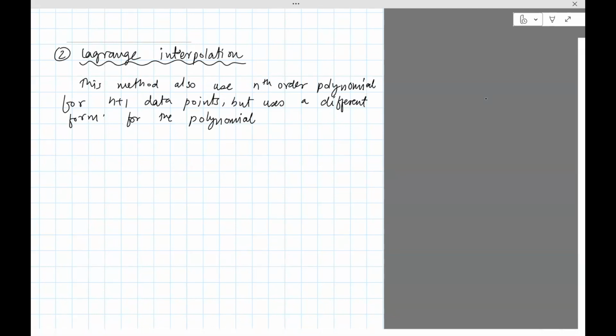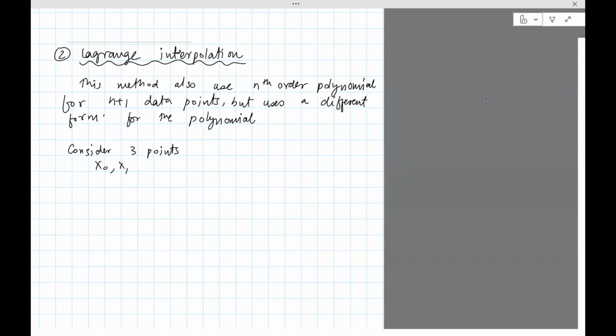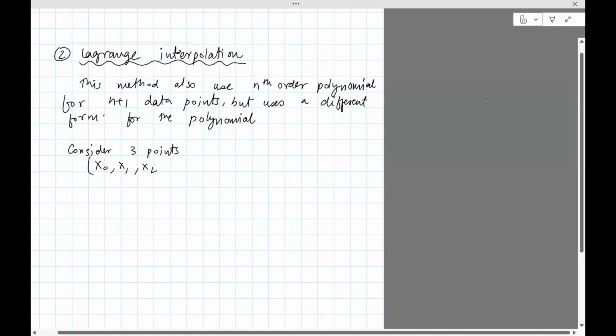The best way to illustrate this is probably to show you some example with just 3 points. So here it is. Consider 3 points: x0, x1, x2. So instead of having n points like I had for the previous case, let's look at 3 points.